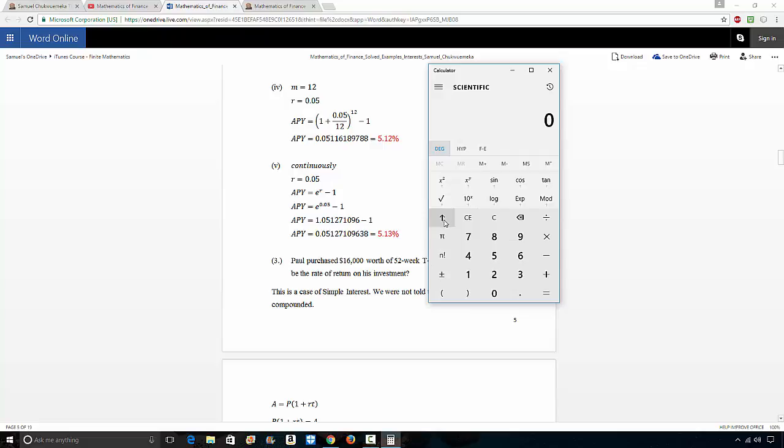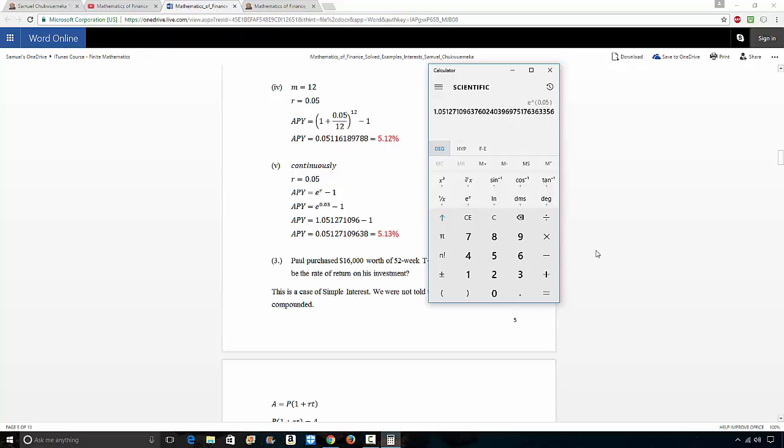But you press this top arrow. When you press it, you will see more functions here. Okay, you see more functions here. So if you're using the calculator on the computer, you have to first of all press 0.05 before you press e to that.